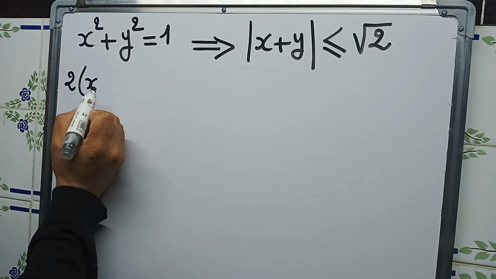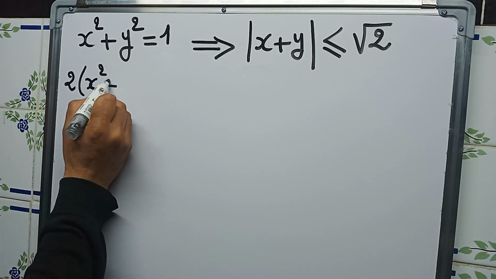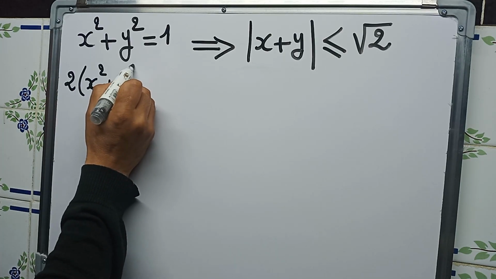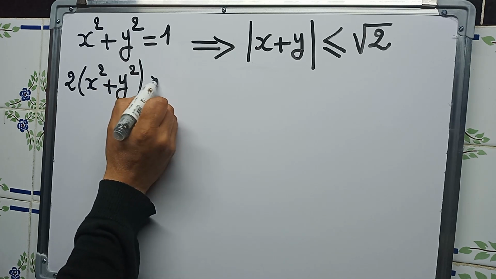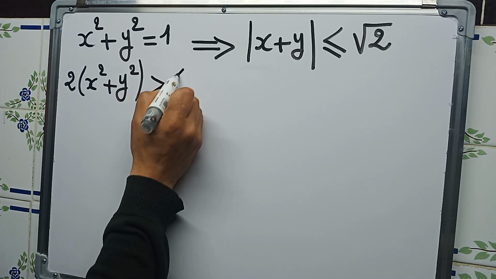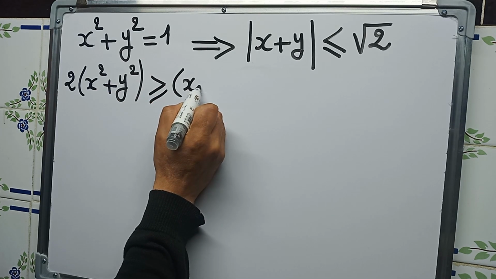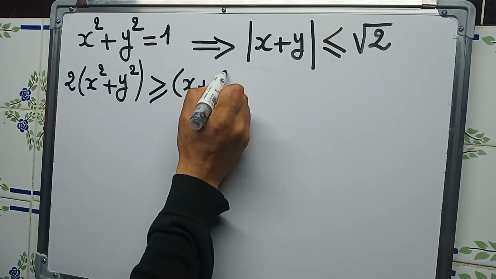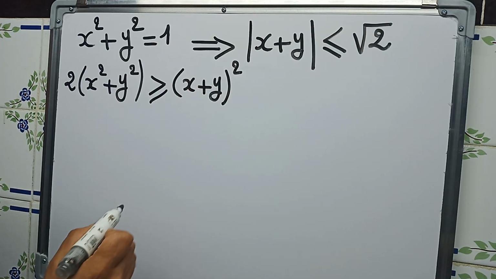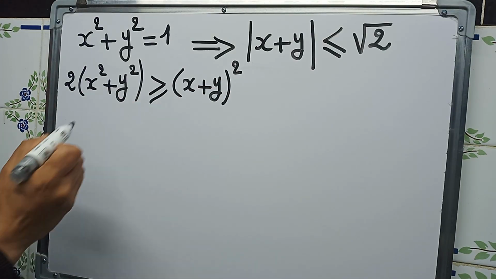2(x squared plus y squared) is greater than or equal to (x plus y) squared, and we will do it by just taking the difference.